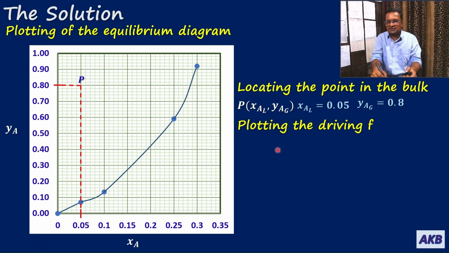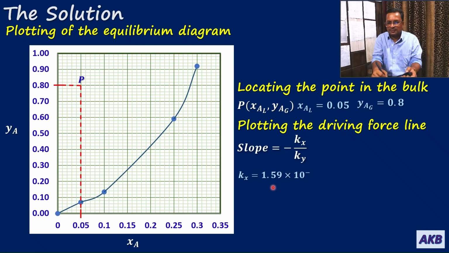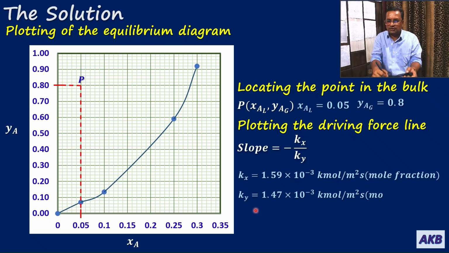Now next task is we have to plot the driving force line, and for plotting it we will be using its slope, which is given as minus kx upon ky. Kx is given to us, it is 1.59 into 10 to the power minus 3 kilomole per meter square per second per mole fraction, and ky is also given to us, it is 1.47 into 10 to the power minus 3 kilomole per meter square per second per mole fraction.